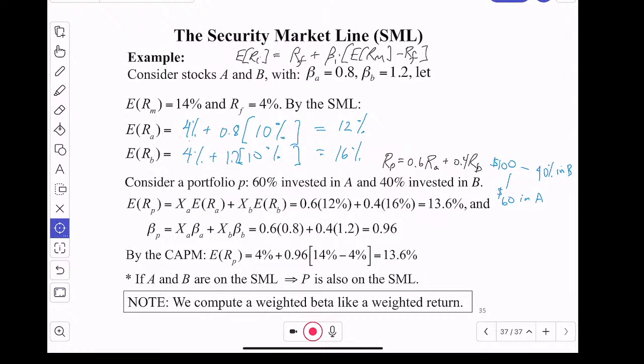So we create a return for every dollar invested. The return will be 0.6 of RA plus 0.4 RB. And so when we take the expected return, it becomes this.